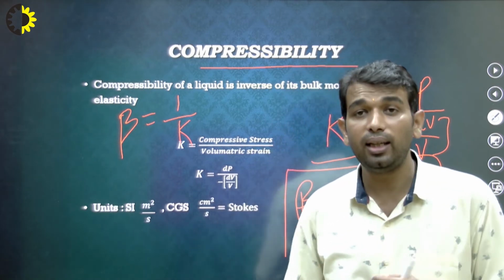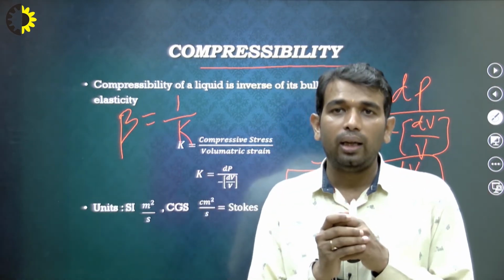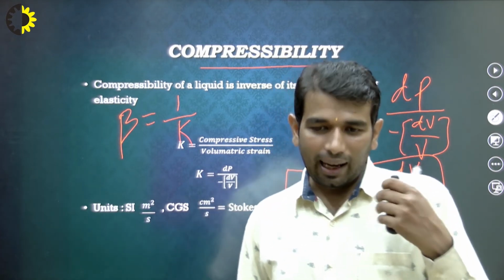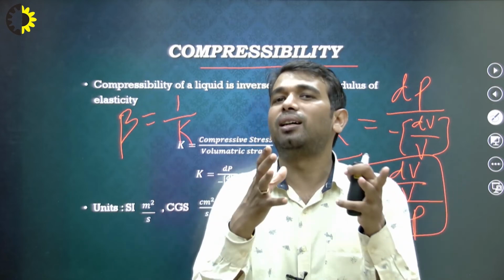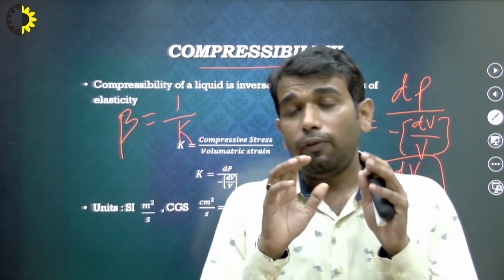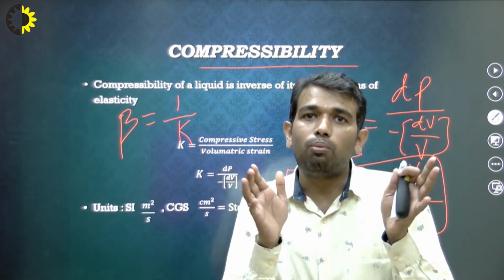Compressibility gives you how easily you can compress the fluid. Very simple. If any substance has a higher bulk modulus, it is not easy to compress that particular substance. If the bulk modulus is high, it is going to give you much more resistance.